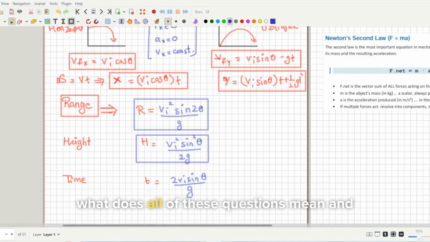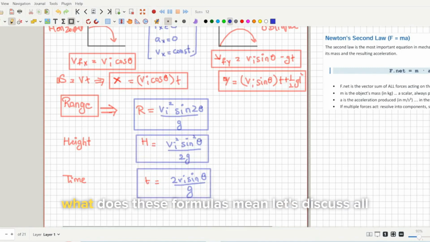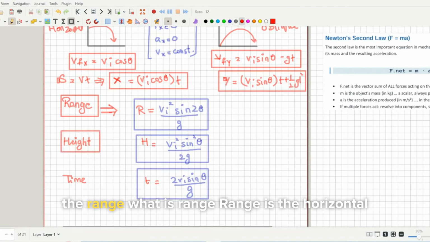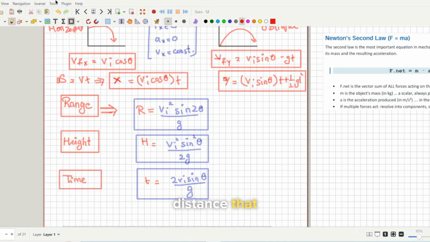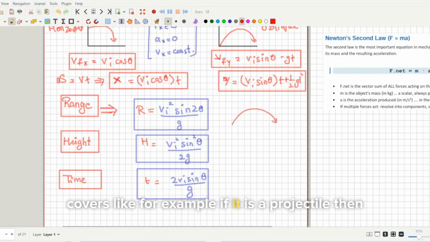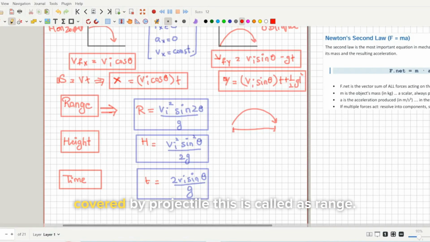So what do all of these questions mean, and what do these formulas mean? Let's discuss all of these things in detail. The first thing is about the range. What is range? Range is the horizontal distance that a projectile covers. Like for example, if it is a projectile, then this is the distance that is covered by the projectile.